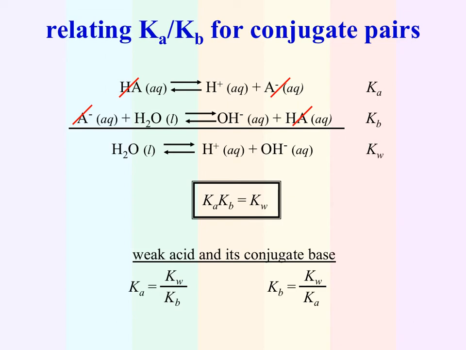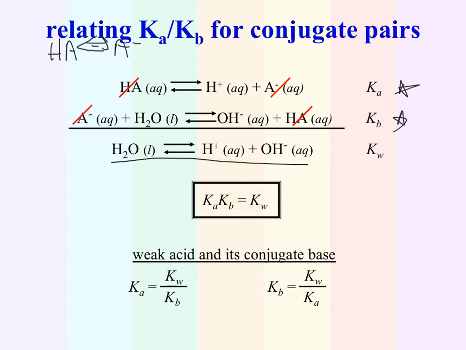So there's a quantitative relationship between conjugate pairs. If we look at the example here, we're looking at the relationship between HA and its conjugate base A minus. We're trying to find a relationship between these two species. If we look at the dissociation process of the acid HA and the ionization process associated with the conjugate base of HA, and we sum those two equations together, we end up with this expression here.